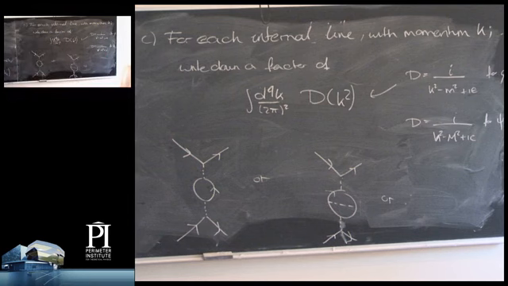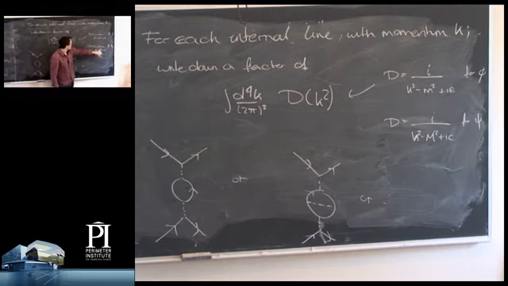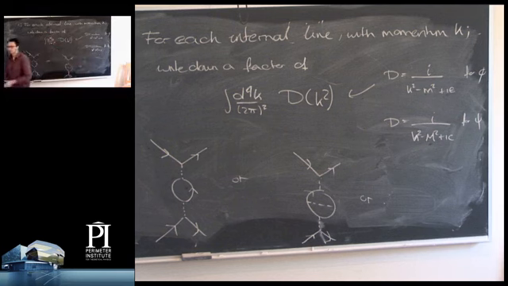So the only difference between having a phi particle or psi particles, whether it's little m or big M, is the masses of the particles. Is this clear?